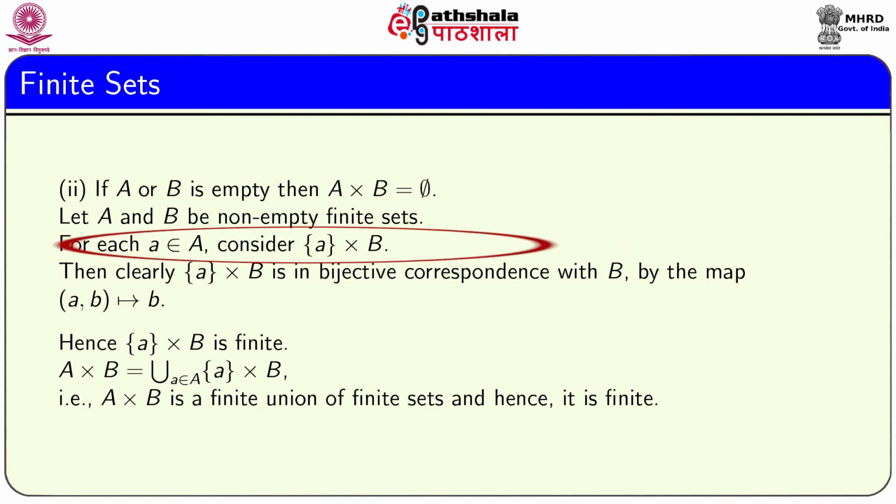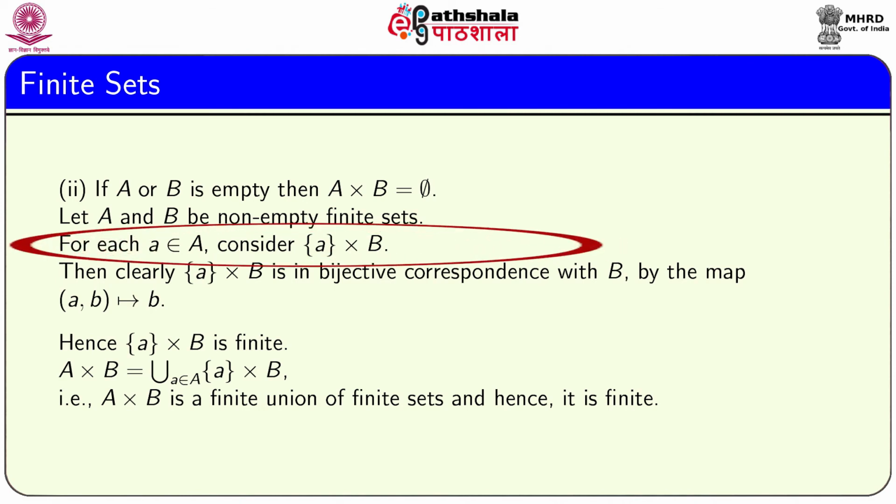For each a, consider the set singleton {a} cross B. Clearly singleton {a} cross B is in bijective correspondence with the set B by the map pair (a, b) going to the point b.